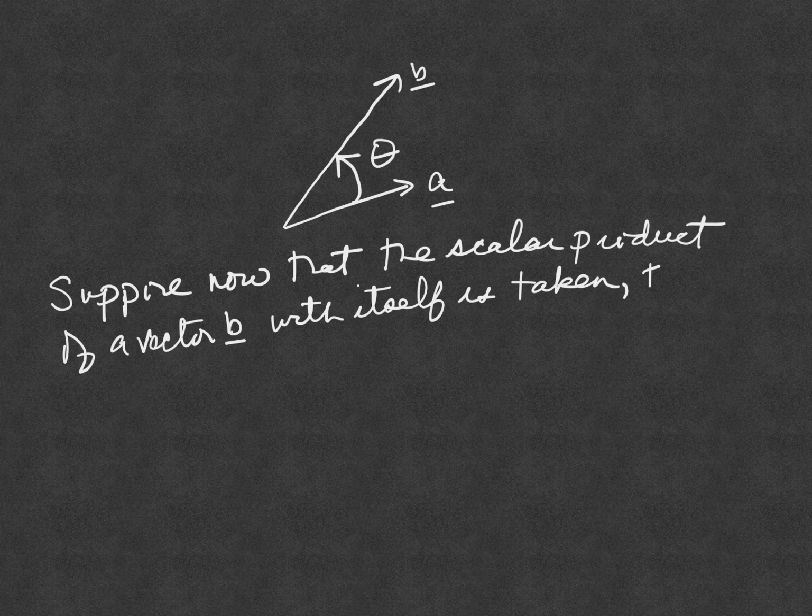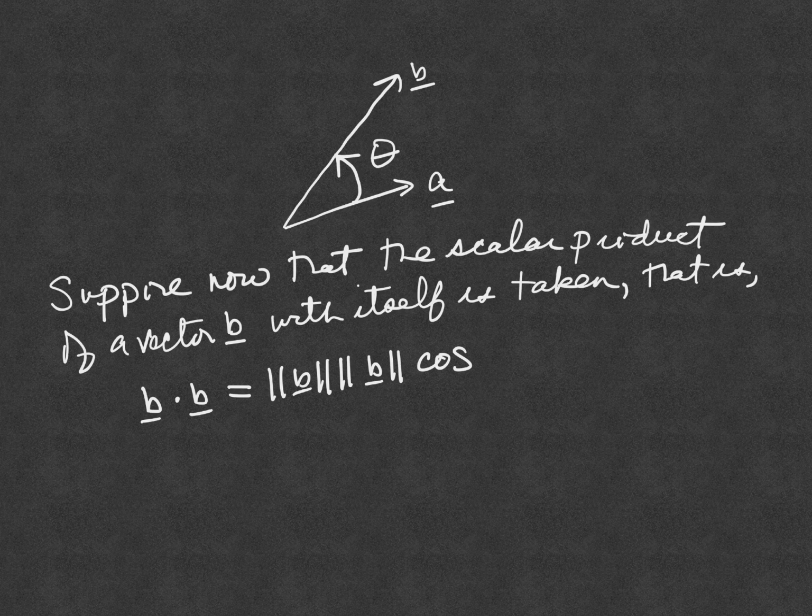Well, that means that we're taking B dotted with B, taking the scalar product of B with itself. That is going to equal, from the definition of the scalar product, the magnitude of B times the magnitude of B times the cosine of the angle between B and B. But the angle between a vector and itself is 0, so the cosine is taken on the angle 0.